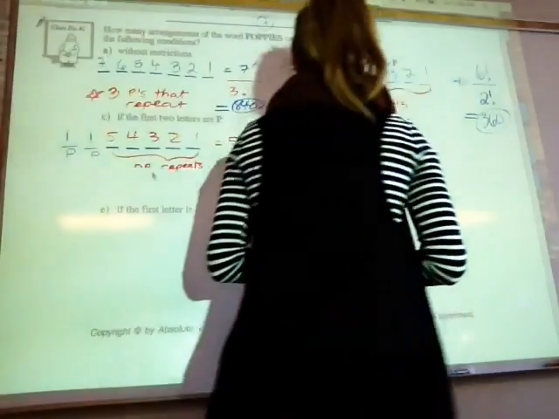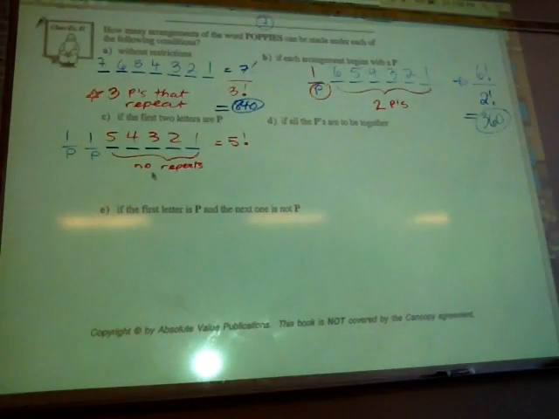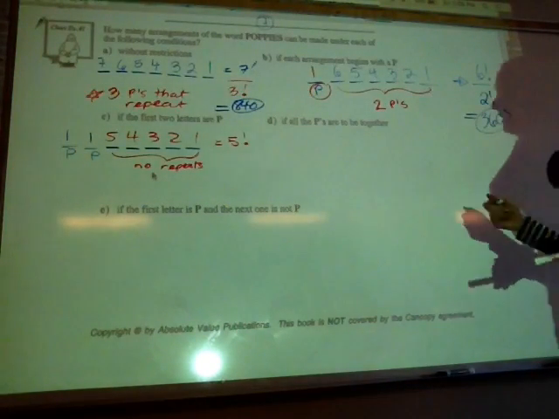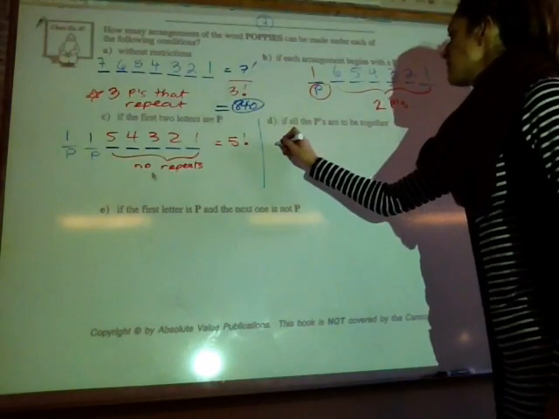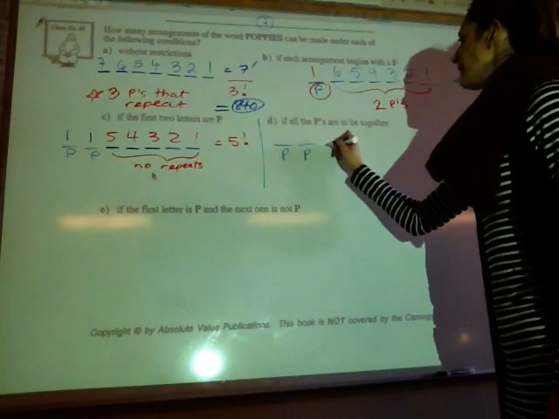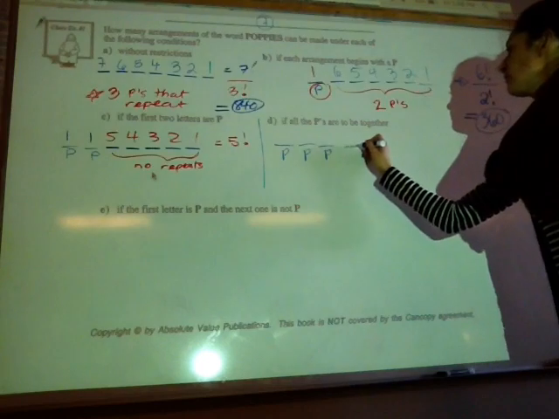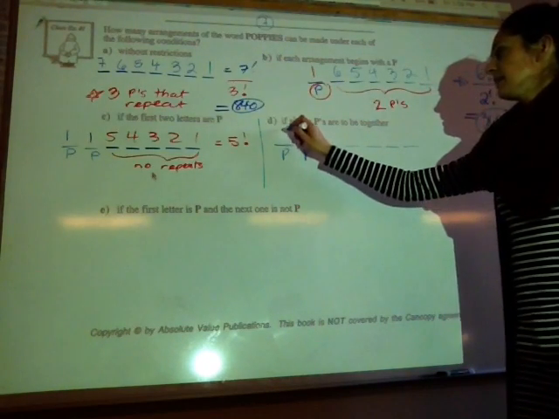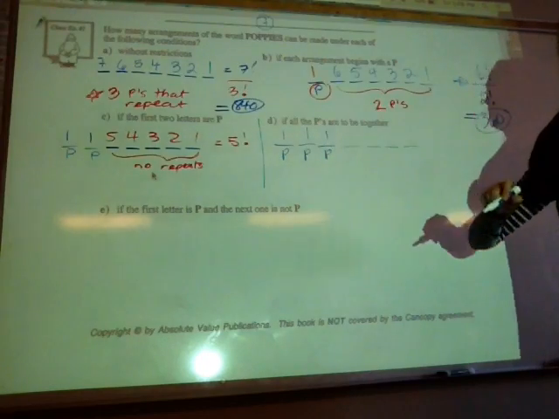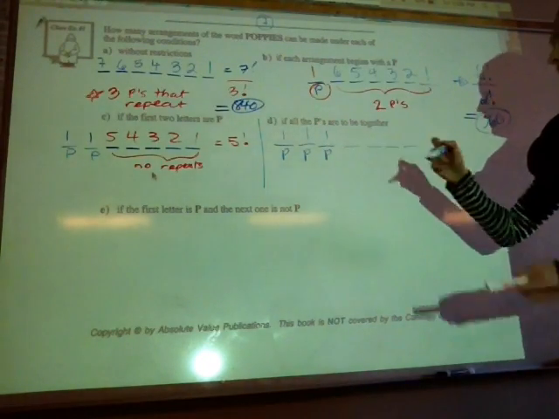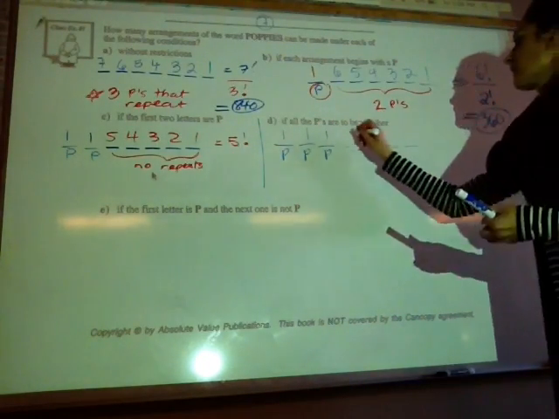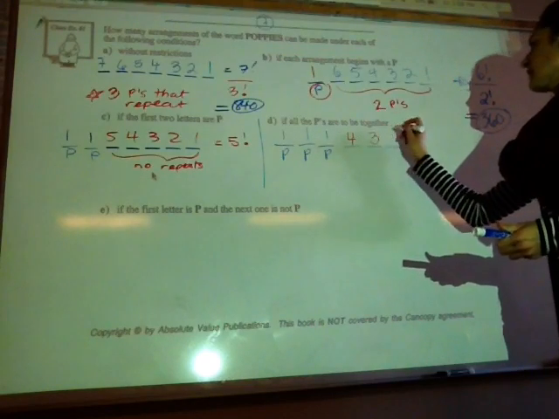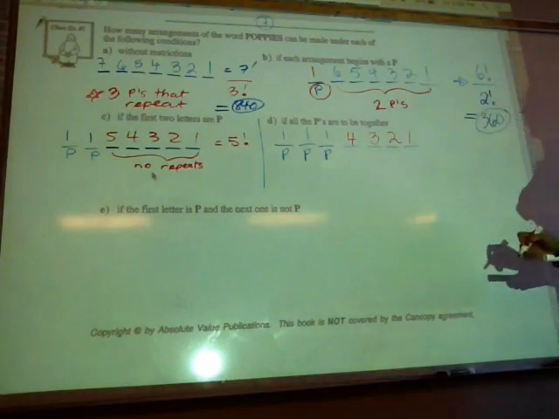Okay, next one. If all the P's are to be together. So let's just say we put P, P, P, and then we have 1, 2, 3, 4 letters left. So for P, P, P, 1, 1, and 1. And then I have 4 choices, 3, then 2, then 1.